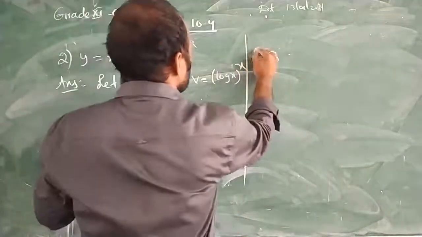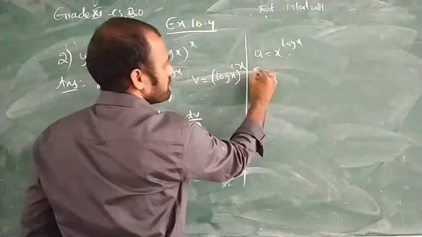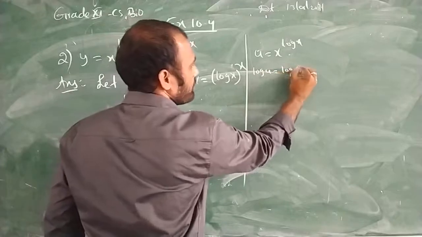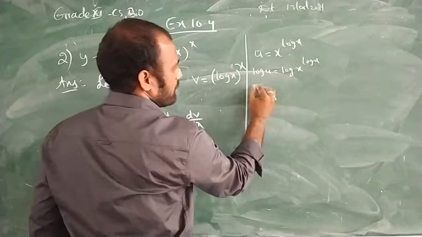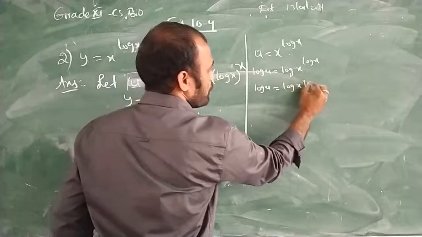So u is equal to x to the power of log x. Apply log on both sides, so it will become log u is equal to log of x to the power of log x. Like this log x will come in front, so log u is equal to log x into log x.